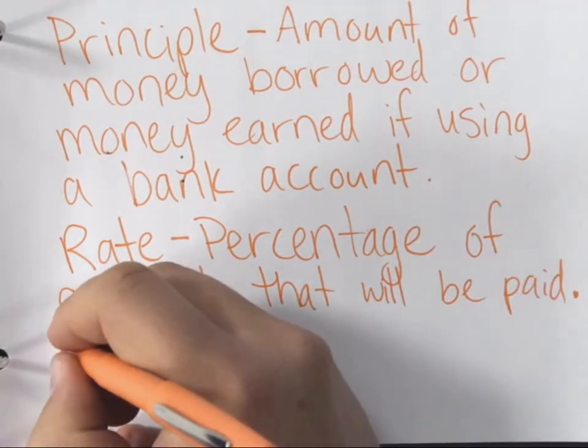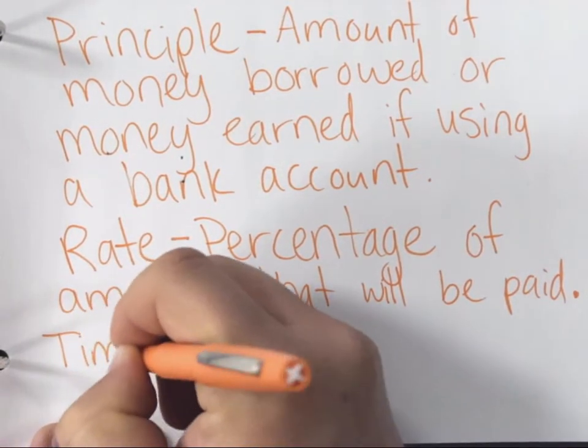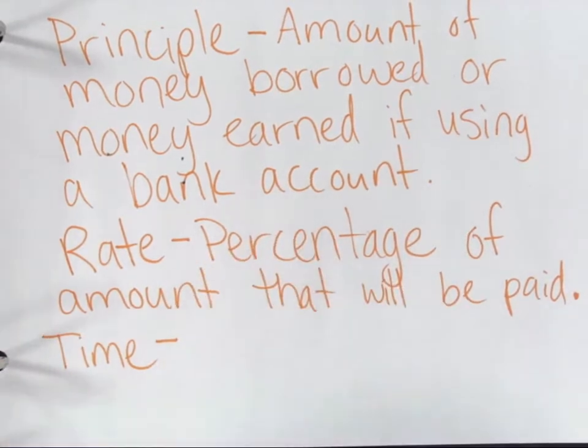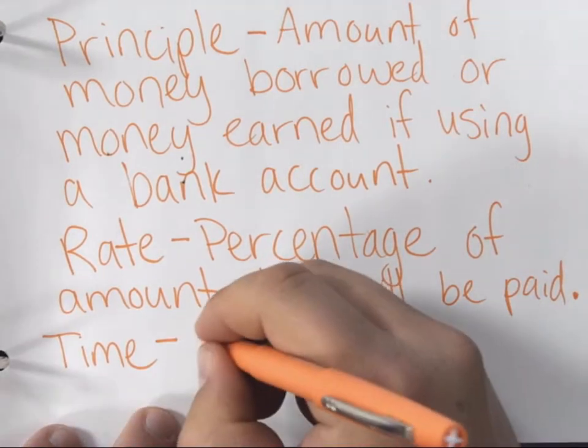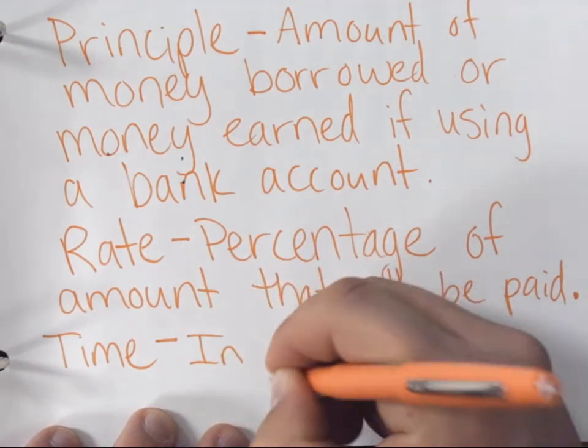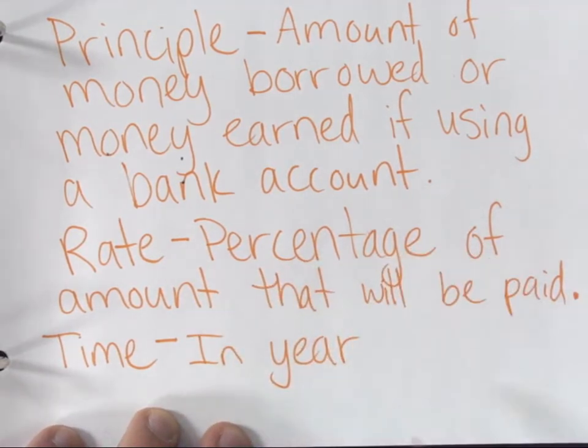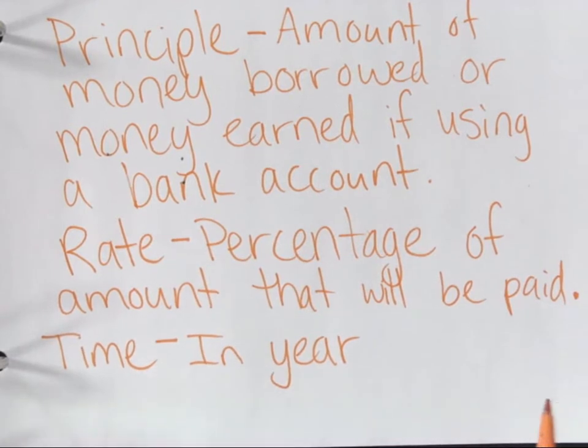The last thing we need to know is the time. How many years or how much time are you promising to have paid back all of the money that you owed or that you borrowed? The time is going to be in years usually, because usually you're not going to borrow money unless it's big chunks of money. Those big chunks of money will take years to pay back.